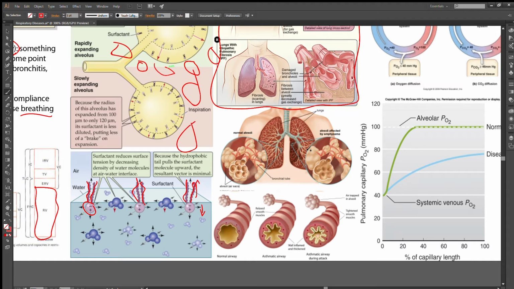Since the lungs are easier to expand but not contract, you're going to see these people with barrel chests, and that's from that increase in compliance. Because, like I mentioned earlier, it requires work to inflate the lungs against their elastic recoil, you might think that a little bit of emphysema might be a good thing.